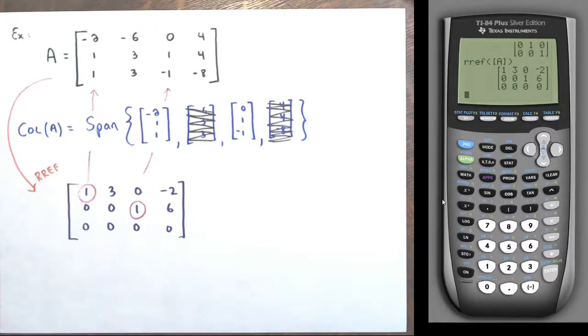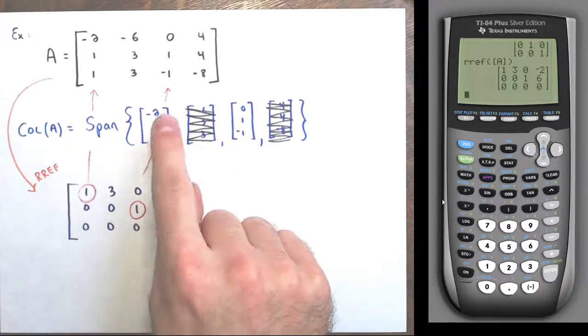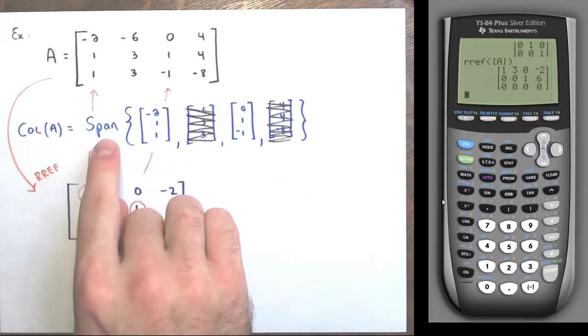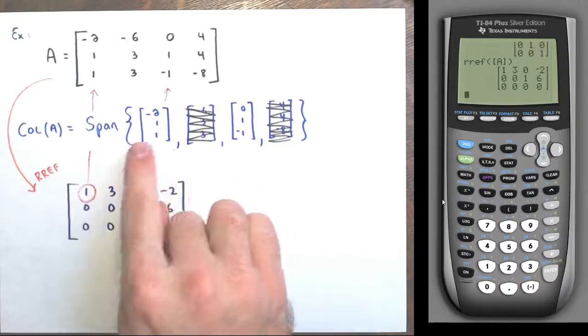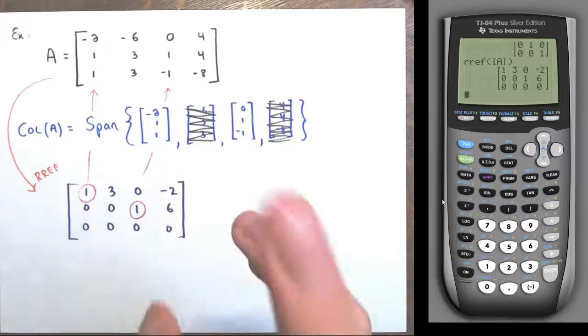So now the column space of A is just the span of these two vectors. Again, I should technically rewrite that, but I'm not going to. Just know that the column space is now simply the span of these two vectors. Every vector in this space can be written as a linear combination of just these two.